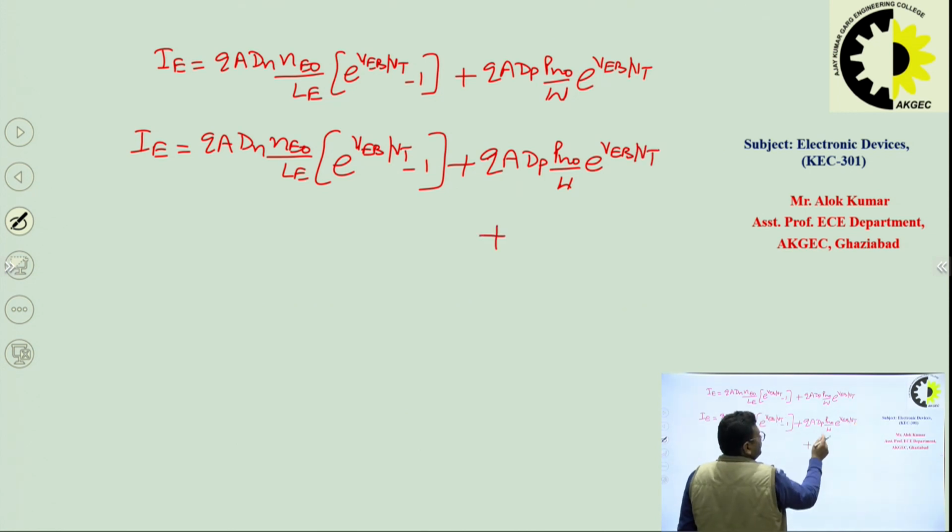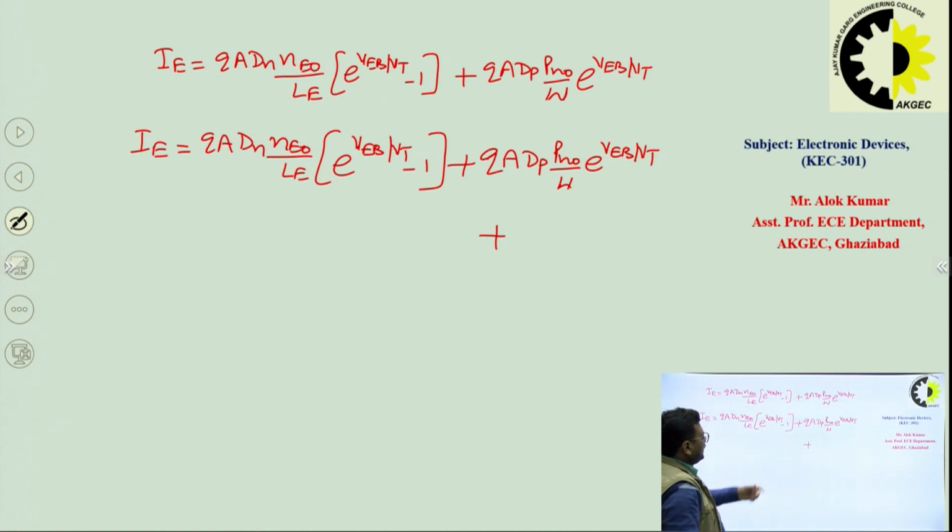Here I have this exponential term as e to the power VEB upon VT minus 1, and I want to make the same here.